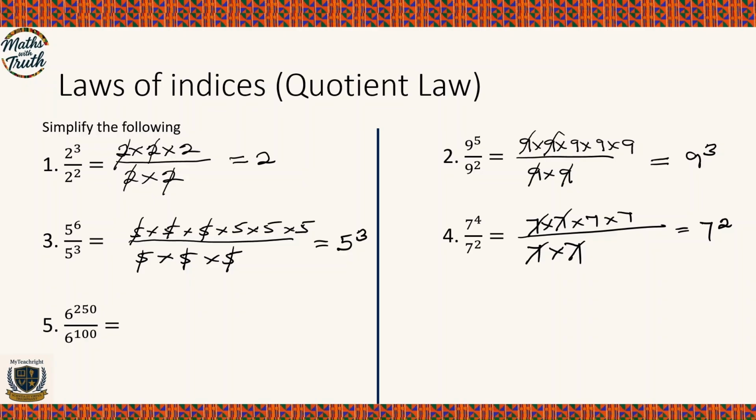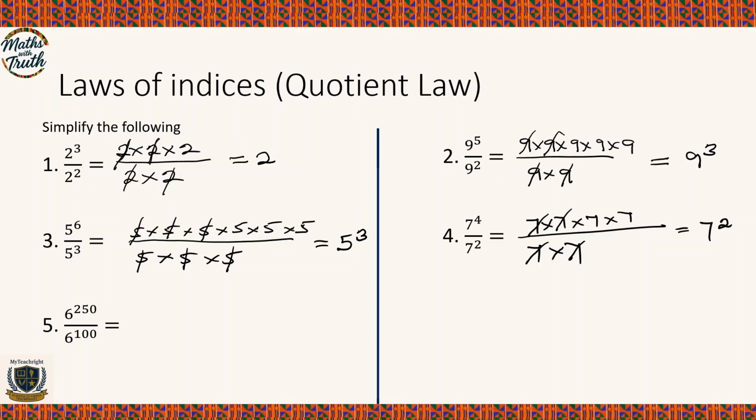So what we do is we look at examples 1 to 4 to derive a pattern. Then we can use that as a rule or a law to solve the rest of the questions. So let's start with example 1. We started off with 2 multiplying itself 3 times, and then we cancelled out the number of times that 2 is multiplying itself in the denominator.